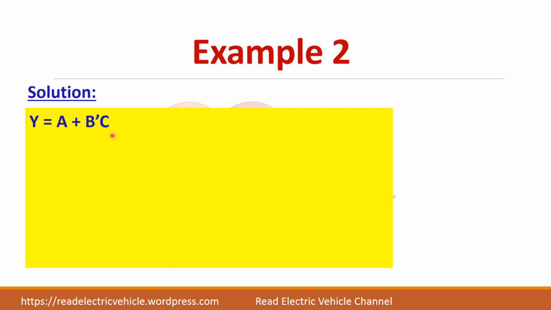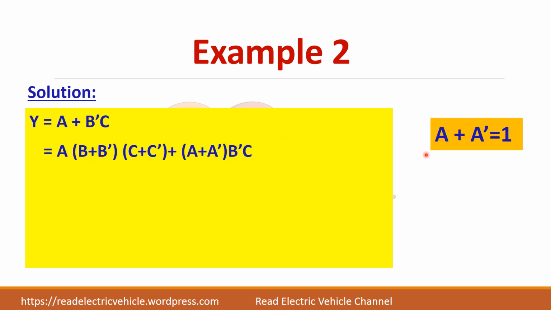So how to include the missing terms? So A, here B and C are missing. So I am multiplying by B plus B', and for C again C plus C'. Why do I particularly multiply by this combination B plus B'? Because A plus A' is equal to 1, or any variable plus its complement will be equal to 1.